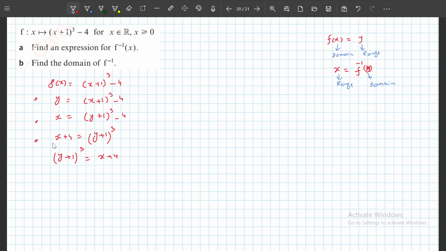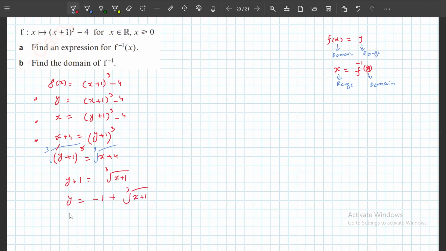We are trying to remove the cube by taking the cube root on both sides. So this cube can cancel the cube root. We have y plus 1 is equal to cube root of x plus 4. If you take 1 to the other side, it would be minus 1 plus cube root of x plus 4.